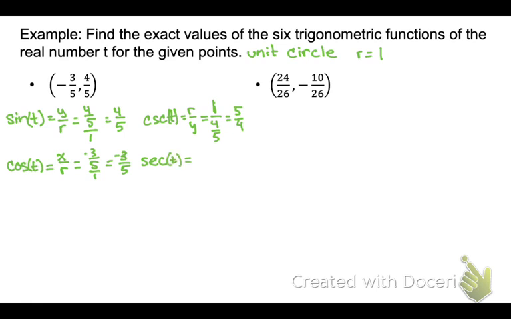Okay, secant is what over what? R over x. So 1 over -3/5. So the answer is? -5/3. Tangent of t.